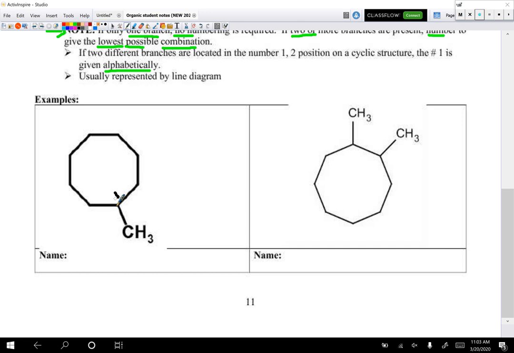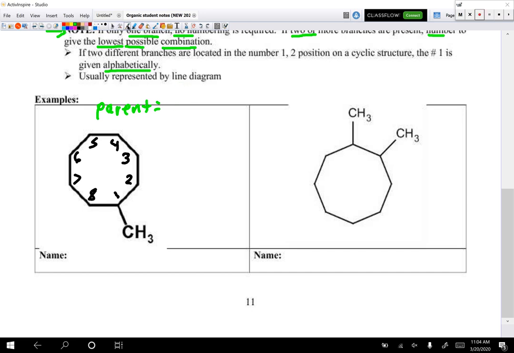It doesn't matter which way I name it because there's only 1 branch, so we get the same name however we list it. I just want to count how many carbons we have, and in total we have 8. So the parent is octane, or sorry, I'm going to write cyclooctane because it is a closed ring.